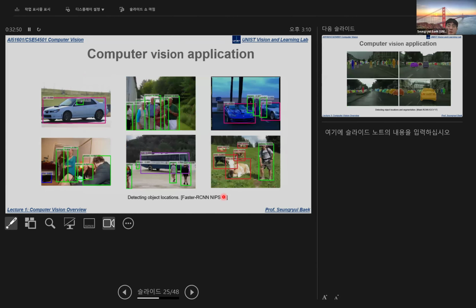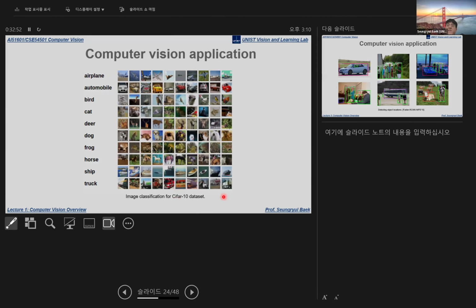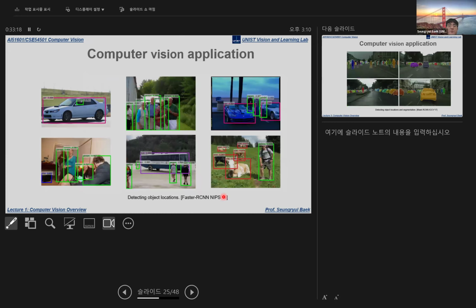But this image classification has the strong assumption that each image has just one main object. We always have to classify images according to their main object. But in reality, that is not the situation. In an image, we normally have multiple objects inside. In that case, we have to specify each object's location.